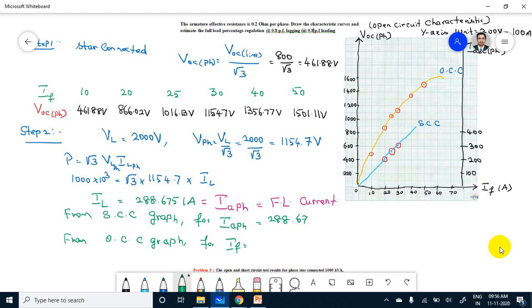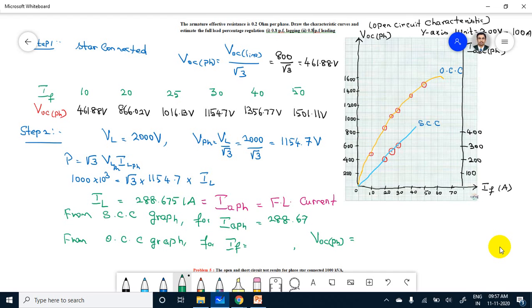You don't know the IF value, but we know that the VOC phase value is 1060. Now, how to find it: this IA phase is 288.67.